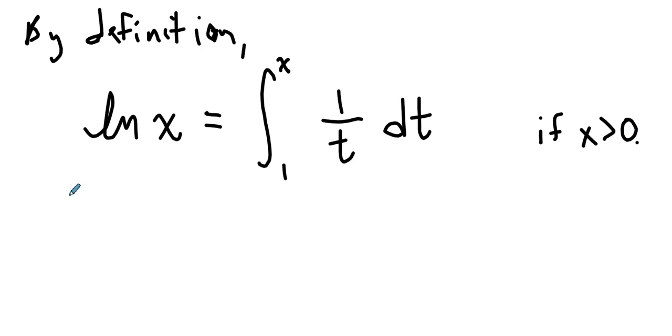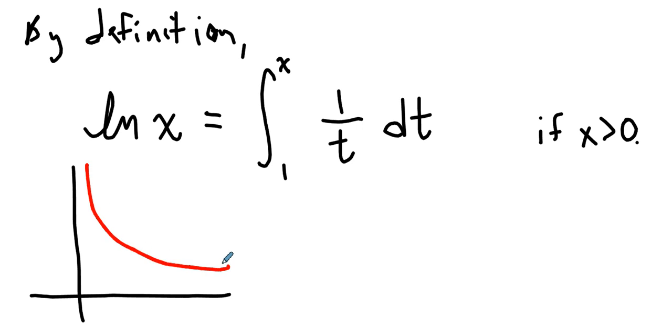But we can talk about this because you are familiar with this notation from Calculus 1. So here is 1 over t. Here's 1 over t. Here's 1. That's the point (1, 1). So 1 over t is this red function.